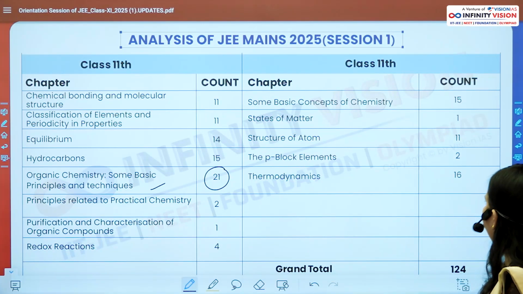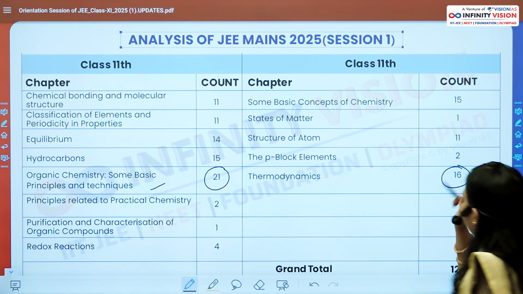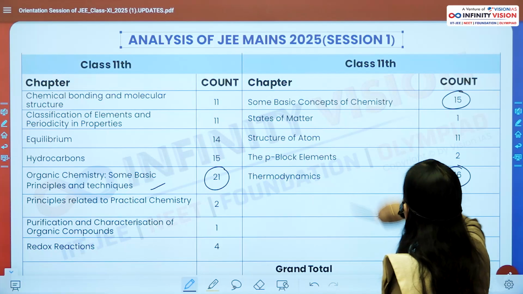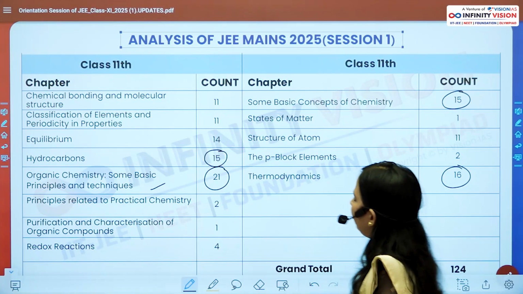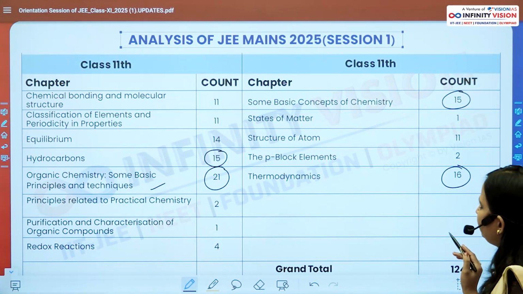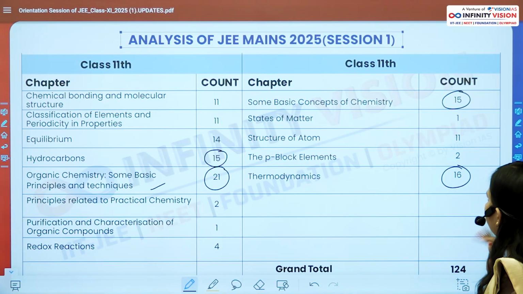Next is thermodynamics with 16 questions. Then mole concept, a basic concept of chemistry, with around 15 questions. In hydrocarbons the number is again high, 15. So these are some of the chapters from which the number of questions asked is high.